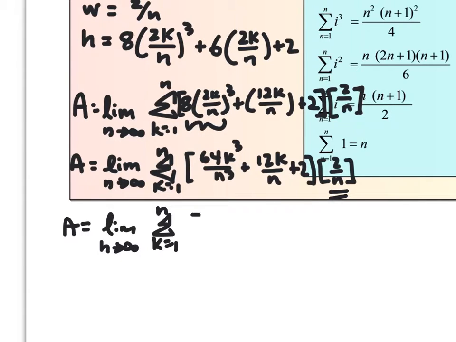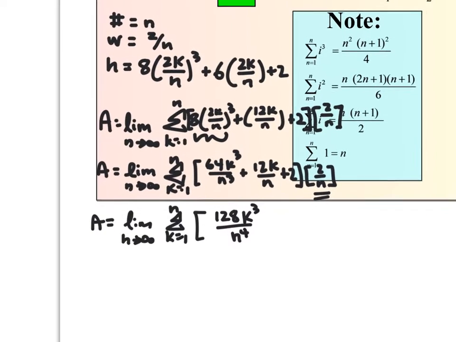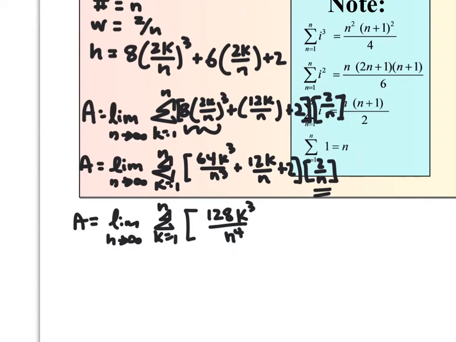So that would be 128k cubed over n to the 4th, plus 24k over n squared plus 4 over n.